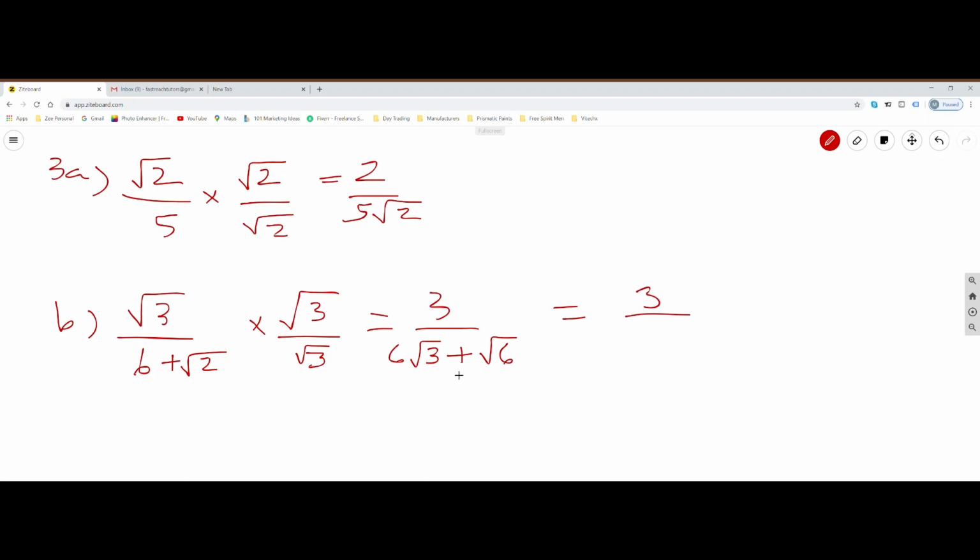We can factor the bottom by 3. So you have 6 plus square root 2. So that's for B.